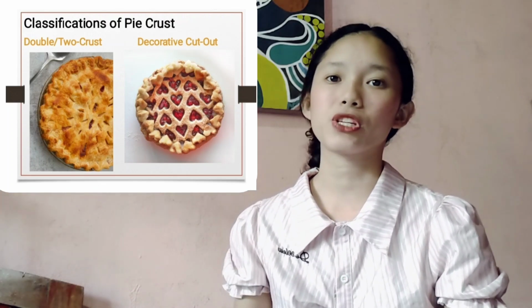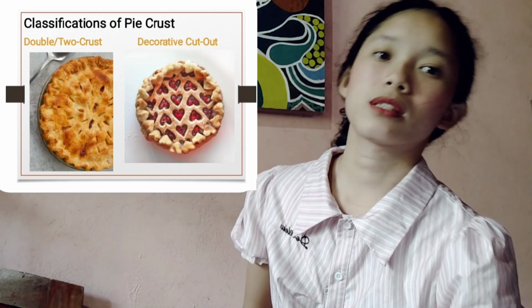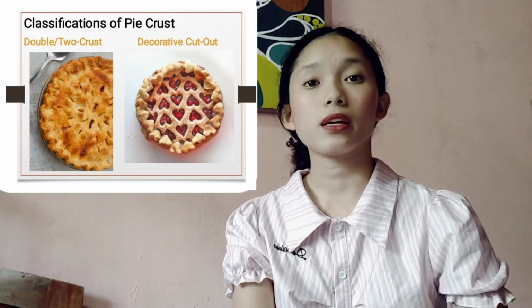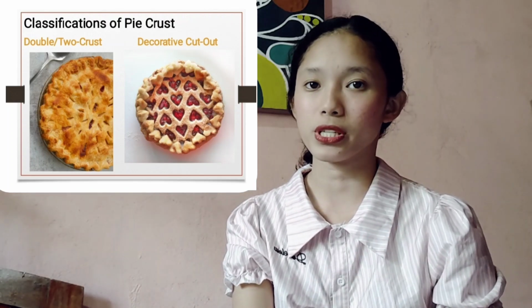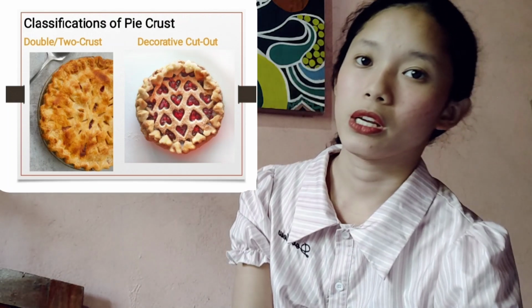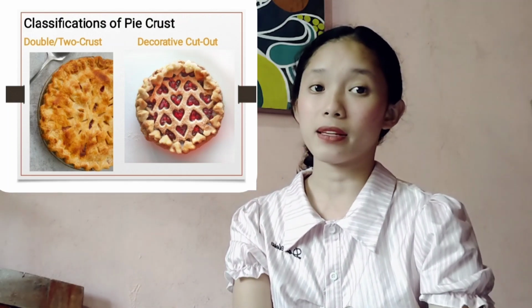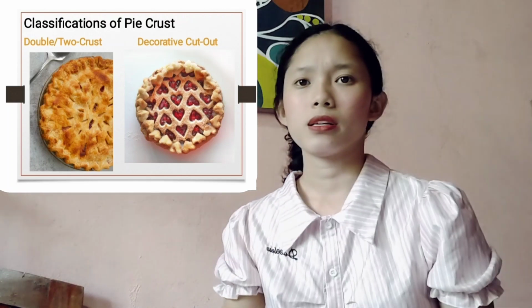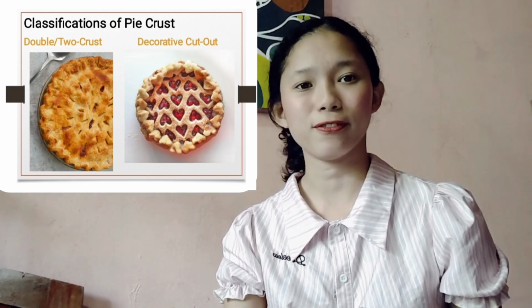As you can see in the picture, the second crust or the double crust is decorated by cutting the dough, just like in the picture. We have the heart shape cutout, and if you are creative, you can also include some shapes or patterns as a decorative cutout.